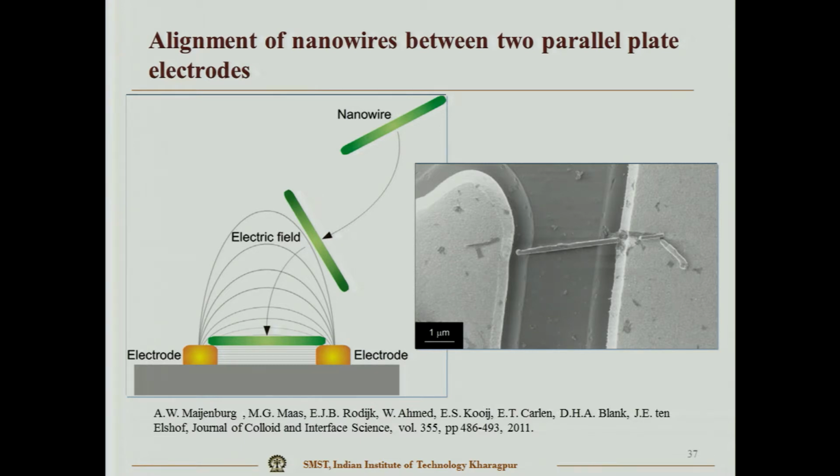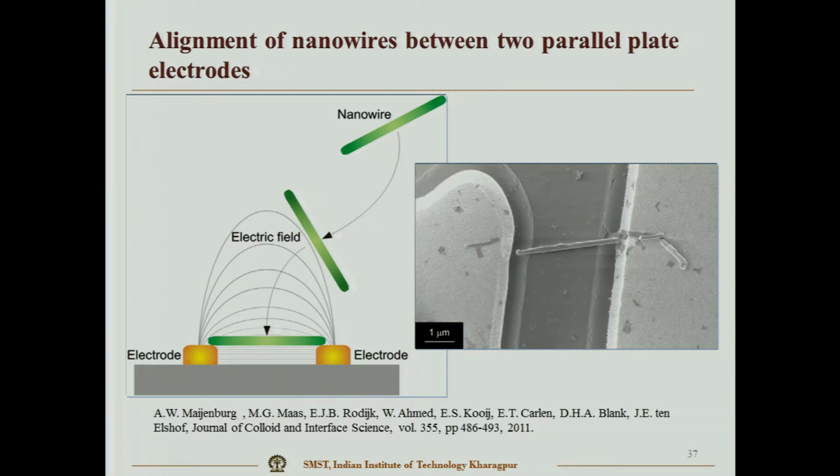Then I can apply the electric field between these two electrodes, which are already there, and the electrodes are made in such a way that a non-uniform electric field can be generated. You drop cast that whole part where you have the nanotube at a certain concentration and apply an electric field between these two. So it will be aligned between this and connected from this point to this point.